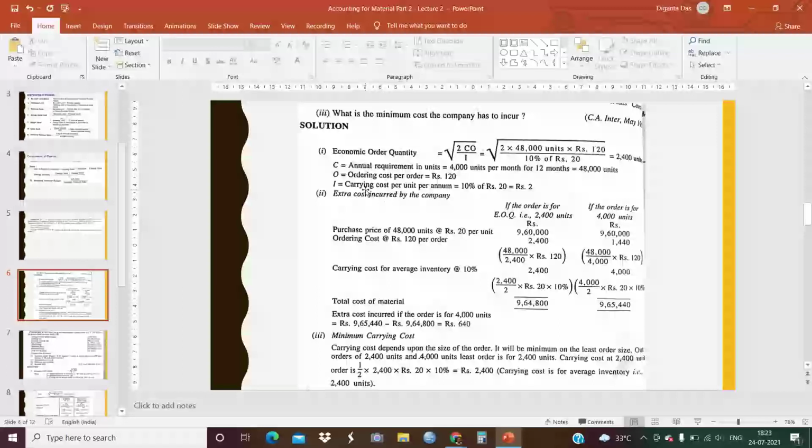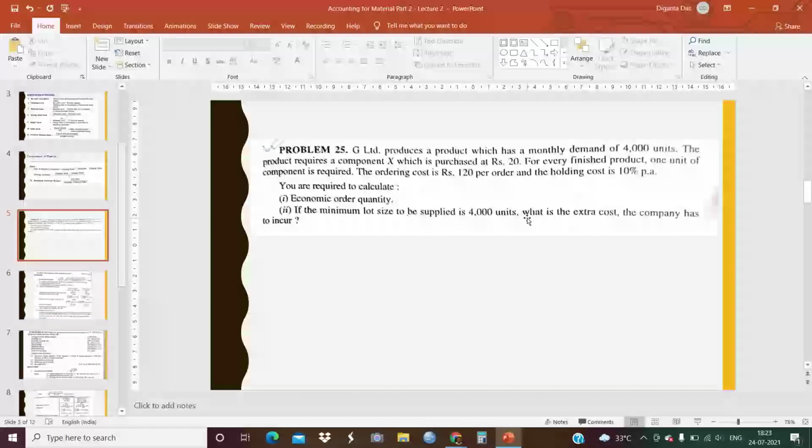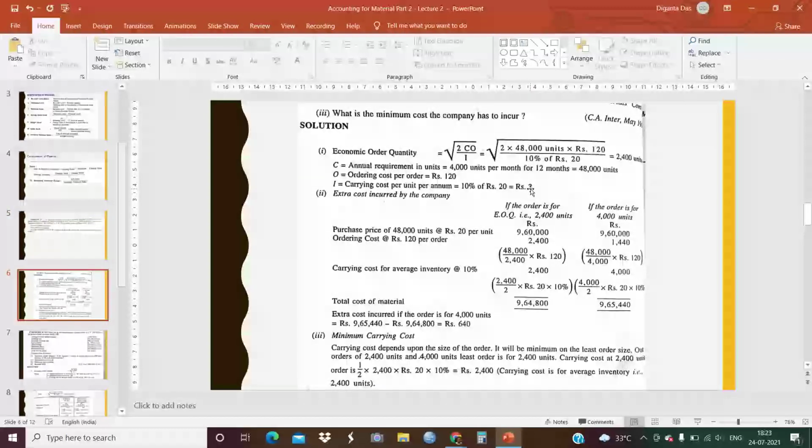Ordering cost per order is rupees 120, as given, and carrying cost is 10% of 20, carrying cost per unit per annum. In this way, the economic order quantity will be calculated. It will be 2,400 units, so at a time we have to place 2,400 units.